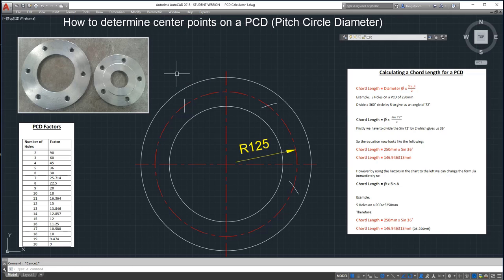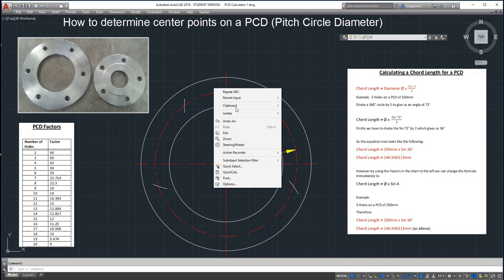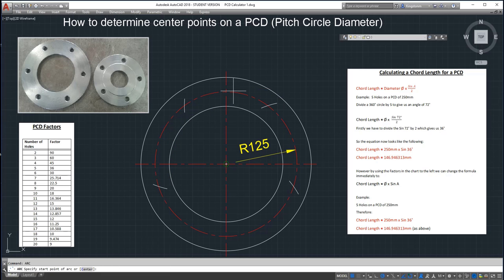Didn't want to hit that, so we'll do it again. Arc, center for that, 146.946313. And so I've drawn 4 lines. The one right at the bottom here is actually my 5th one, but I'll just show you that it does go back to that point.